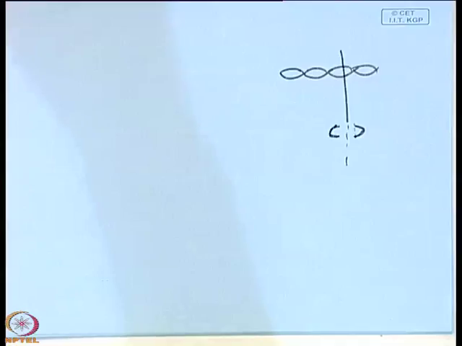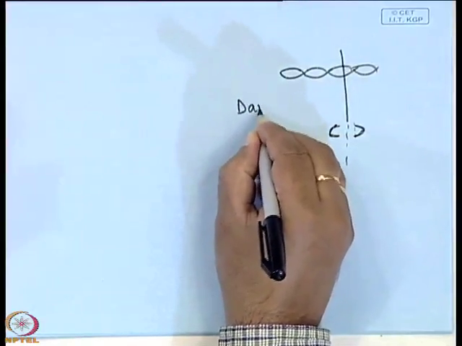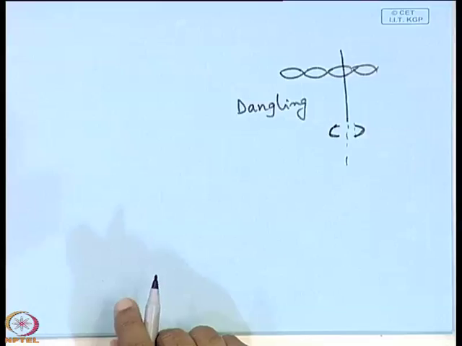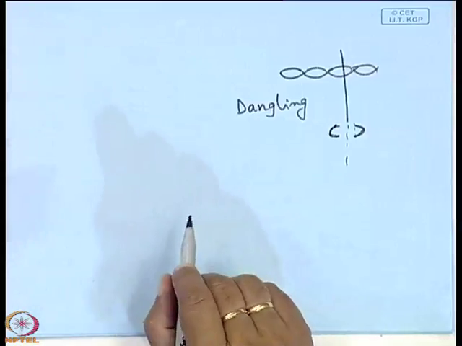So, on both the pieces there will be unsaturated bonds, that is known as the dangling bonds. Dangling bonds are very prone to oxygen.